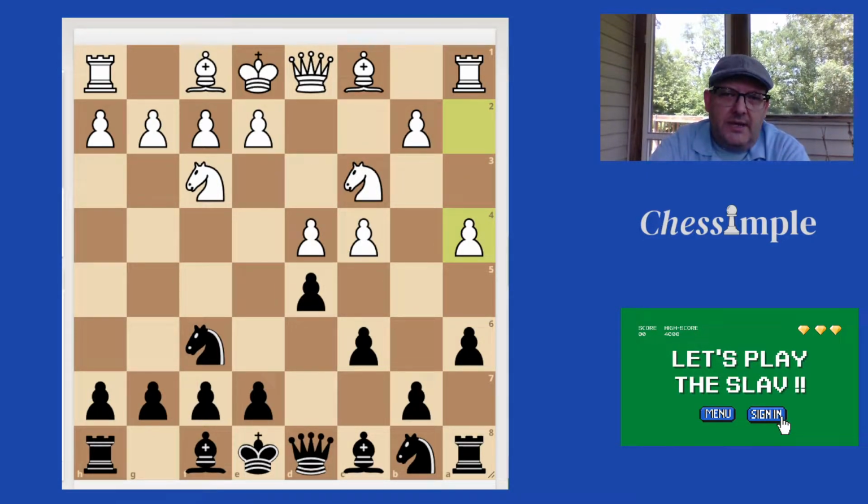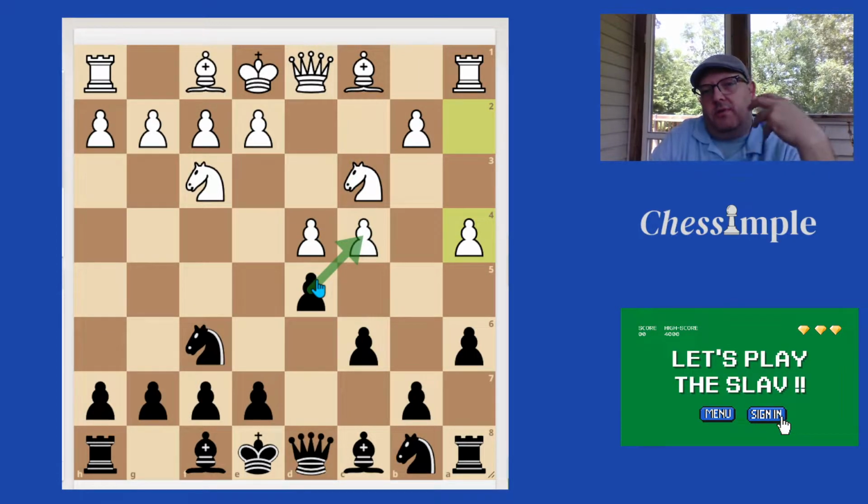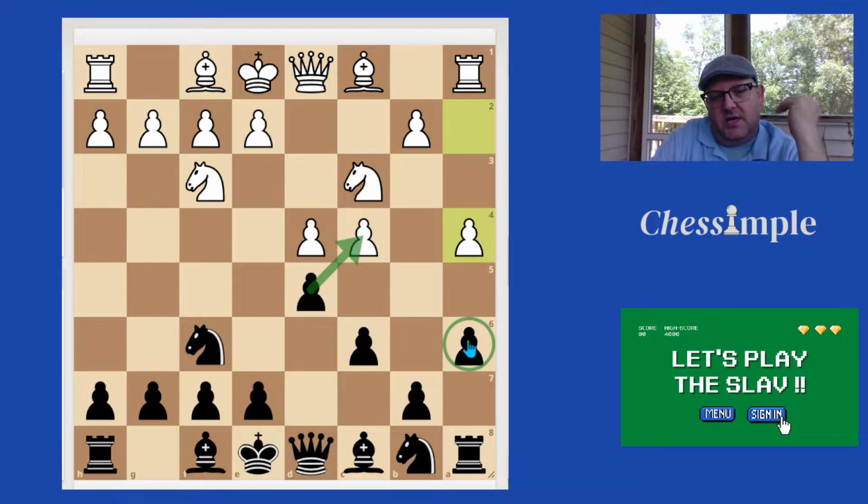And they may do that because they're used to playing that in a traditional Slav when we have exchanged d takes c, so that we can't hold on to that extra pawn. And they may just develop that way against this Chameleon Slav, either because they prefer to do that or they don't understand the point of a6.